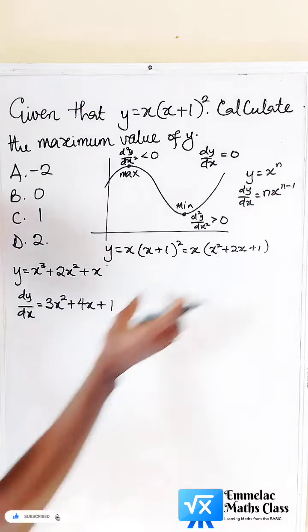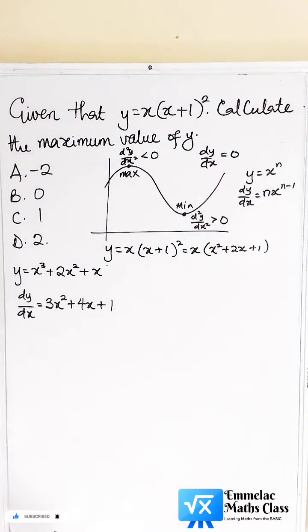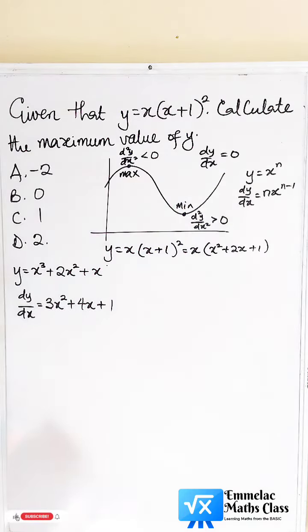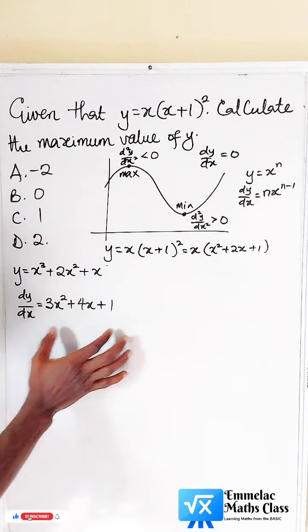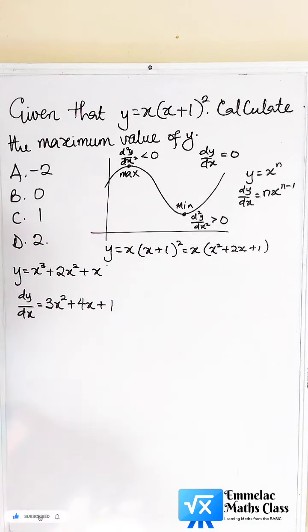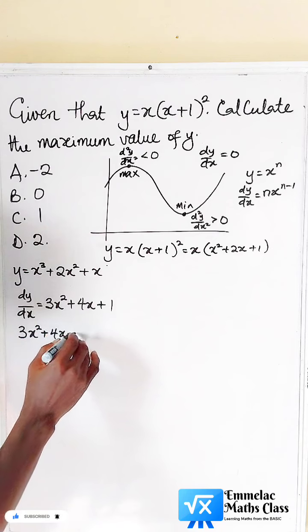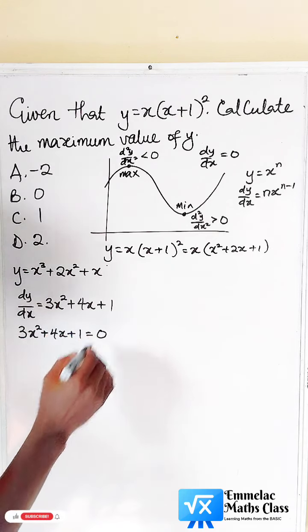This is the rule I apply to differentiate here. At a turning point we are told that dy/dx equals 0, so the whole equation becomes 0: 3x² + 4x + 1 = 0.